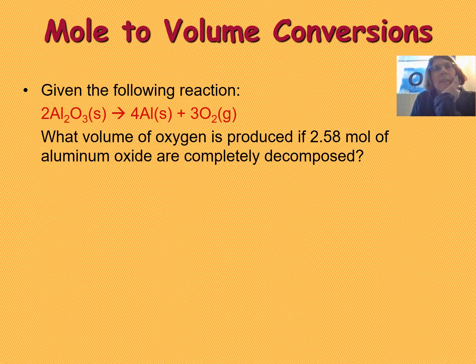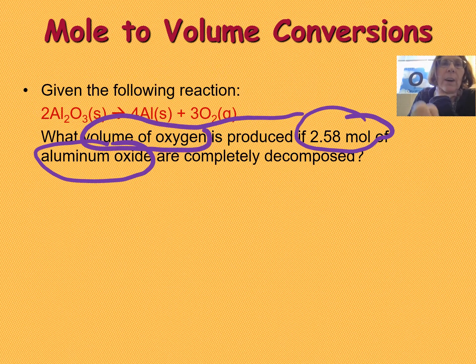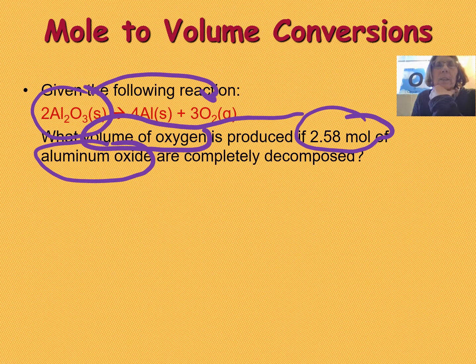All right, so it says, given the following reaction, what volume of oxygen is produced if 2.58 moles of aluminum oxide are completely decomposed? So we're starting with the 2.58 moles of aluminum oxide, and we're going to oxygen. So we're starting here, and we're going there.